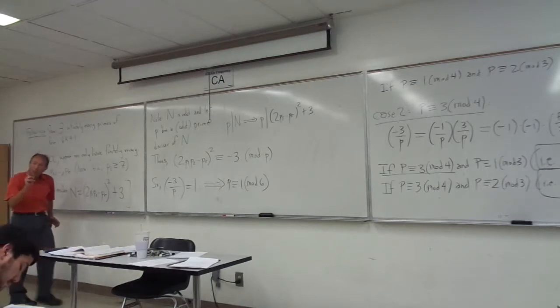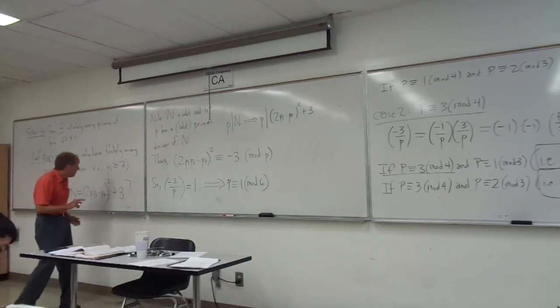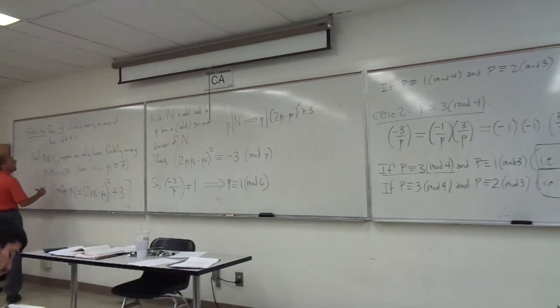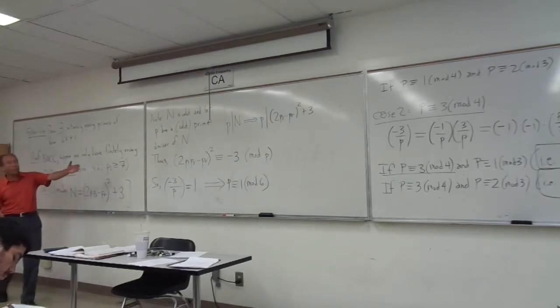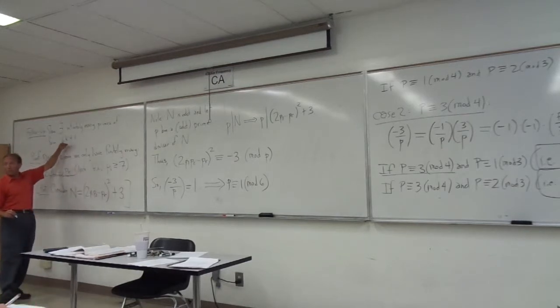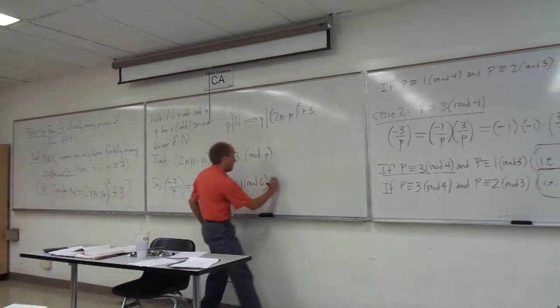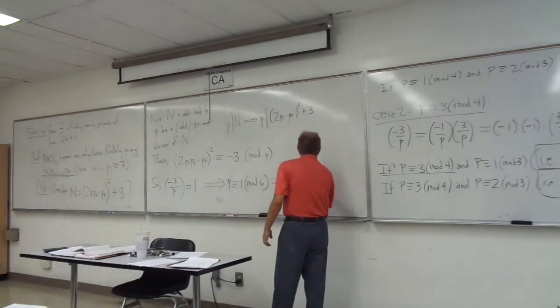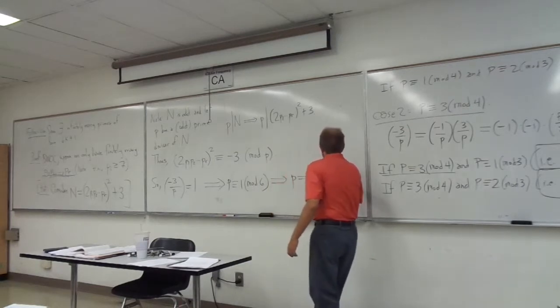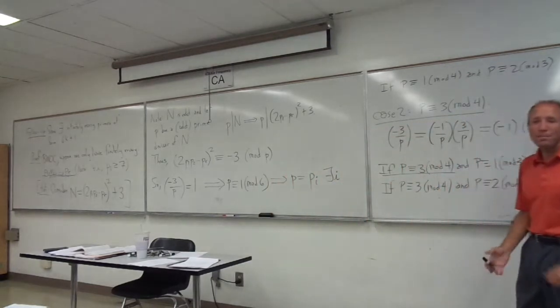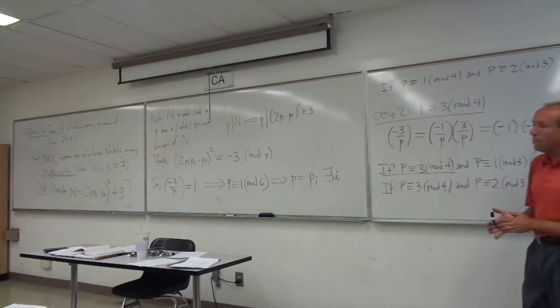And if p is congruent to 1 mod 6, doesn't that mean it must be one of these primes? Because if you are congruent to 1 mod 6, you have this form, and we listed all the primes in that form right here. So p is equal to p_i for some i.